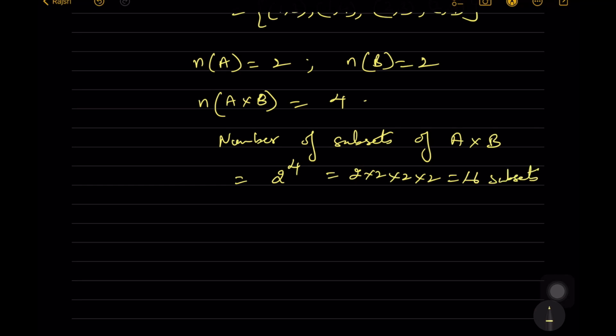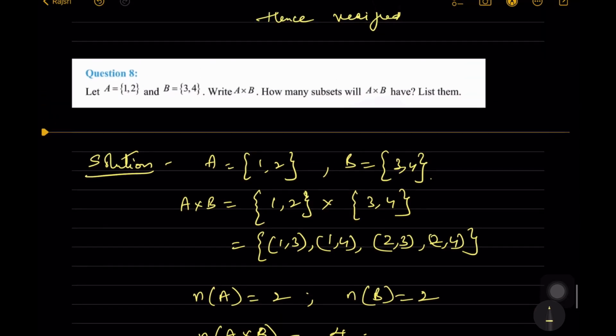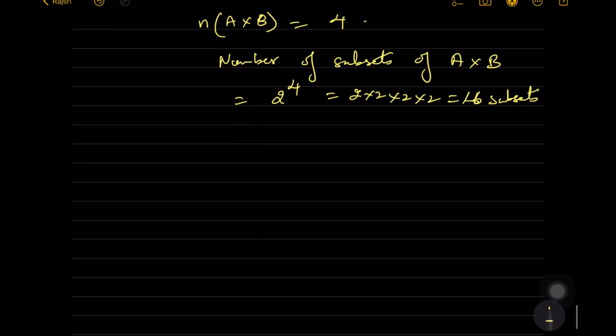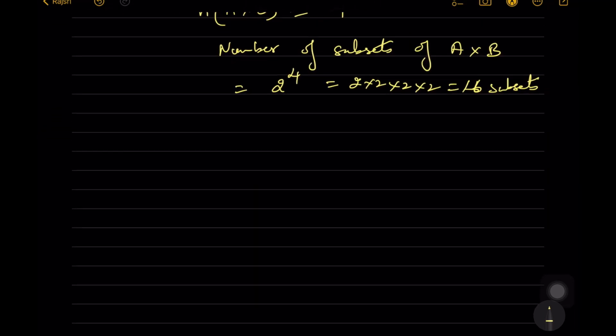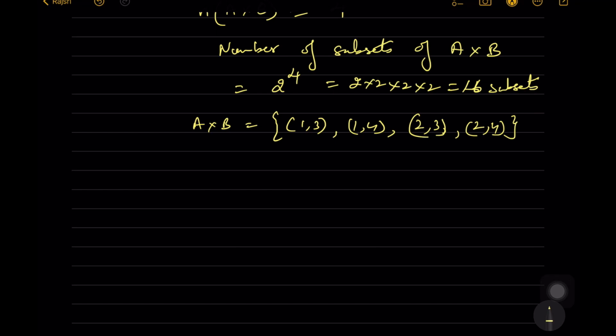So what are all those subsets? We'll just write down all those and list them also, they asked, isn't it? So the subsets of which set? A cross B. So A cross B is equal to {(1,3), (1,4), (2,3), (2,4)}. So we have to write down 16 subsets of this.